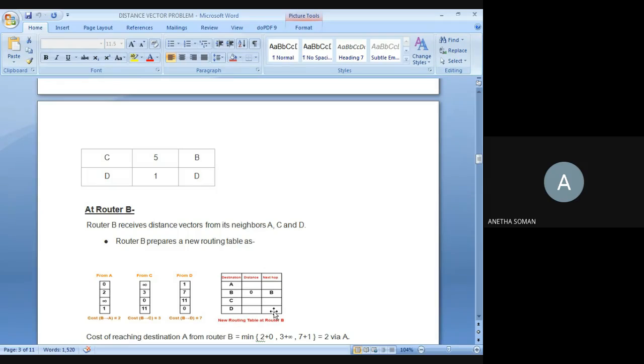Find out the cost of reaching destination C from router B.